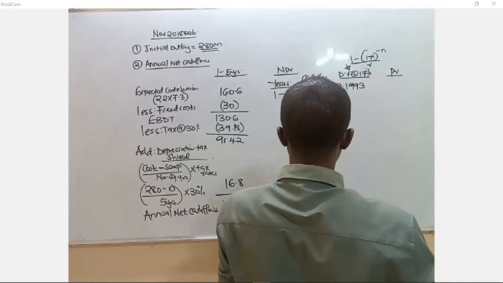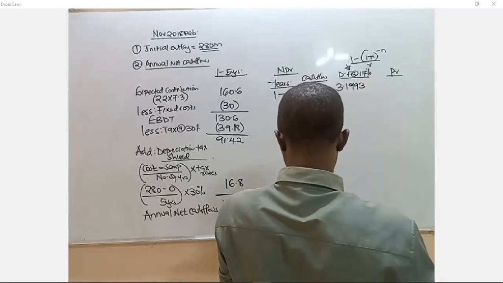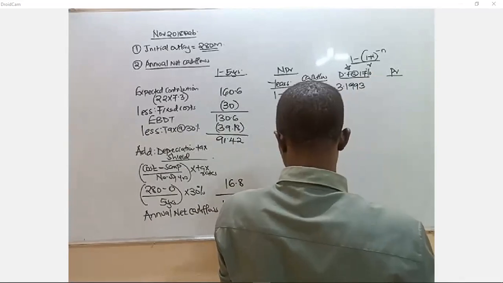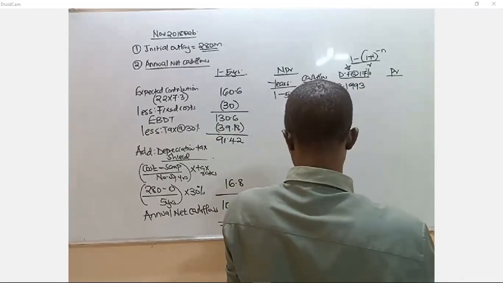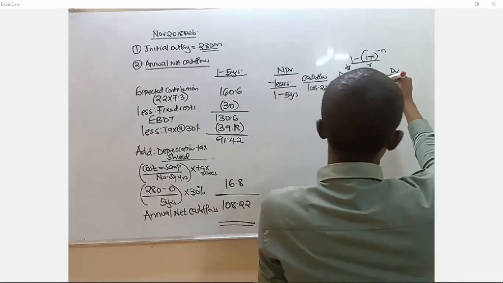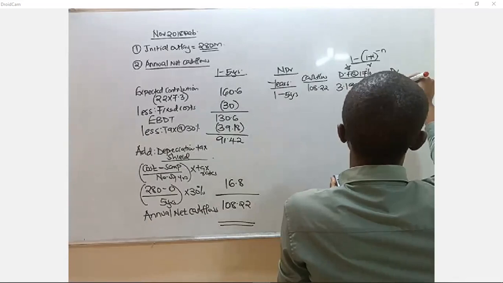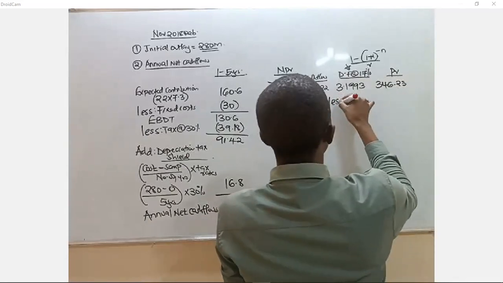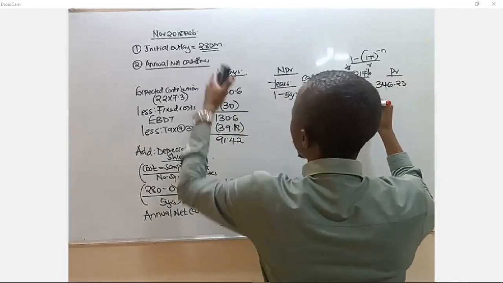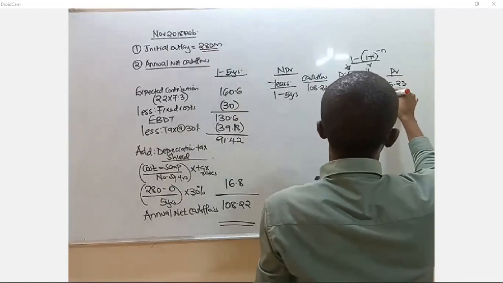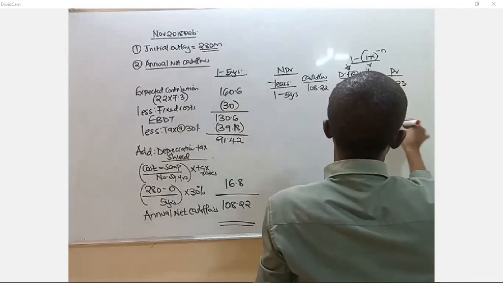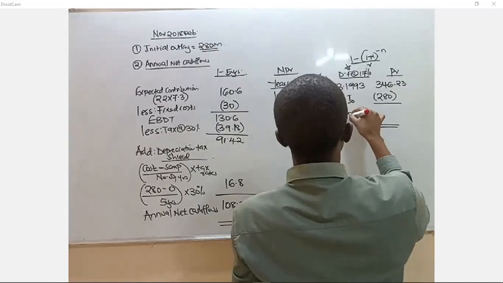Then 3.11993 times 108.22. We are getting 346.23. Then let's do it shortly. Our initial outlay is 280. Then I will be in a position to get the NPV.